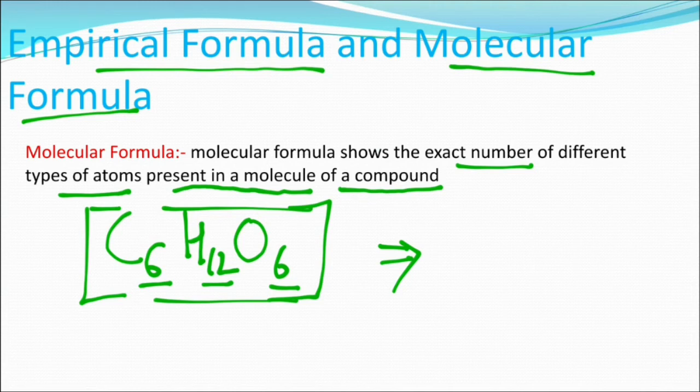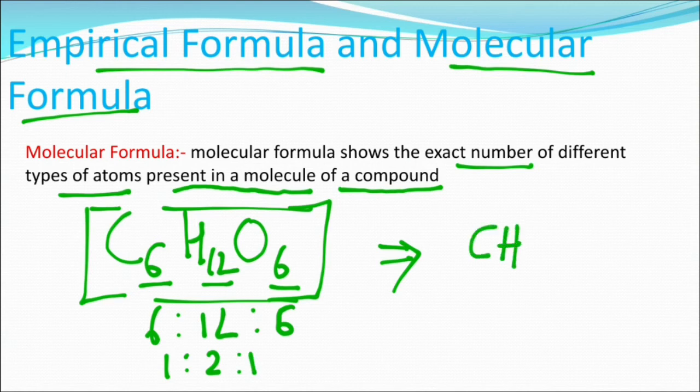For example, the number of carbon is 6, the number of hydrogen is 12, and the number of oxygen is 6. If we simplify this ratio, we get 1:2:1. So the empirical formula of glucose will be CH2O.